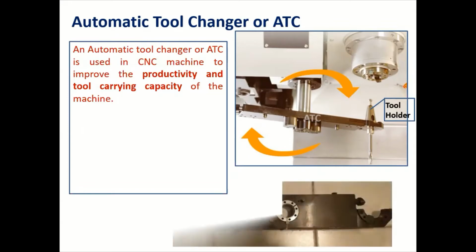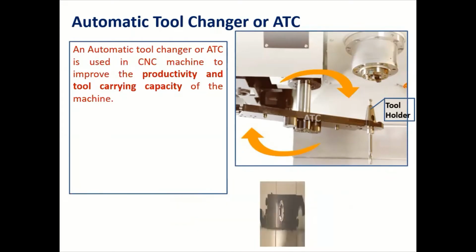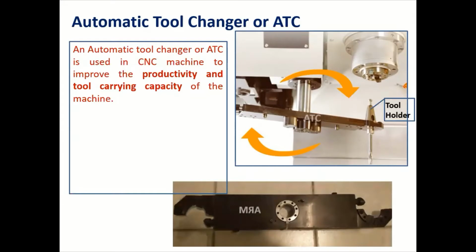This is actually the tool arm, and it has grippers, so that with the help of the gripper we can hold or grip the tool holder, and remove that tool holder from the spindle of the machine.